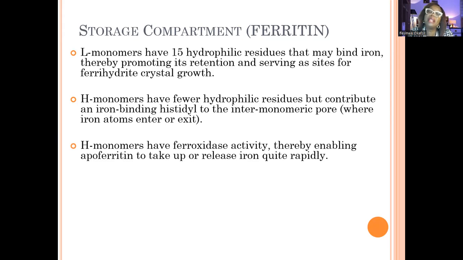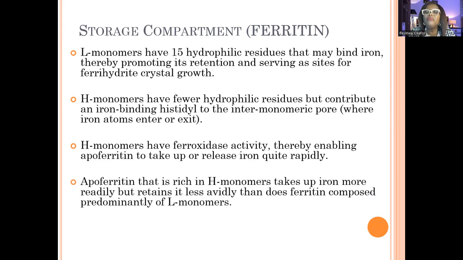So you find H monomers, that is the H subunit of ferritin, in areas where iron is readily taken up and also released, like in plasma. Ferritins found in the plasma are mostly made up of H monomers, while ferritin found in the liver and the spleen are mostly made of what? L monomers. Apoferritin that is rich in H monomers takes up iron more readily, but retains it less avidly than ferritin composed predominantly of L monomers.